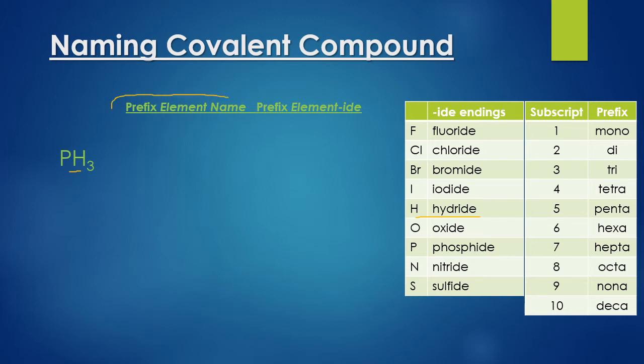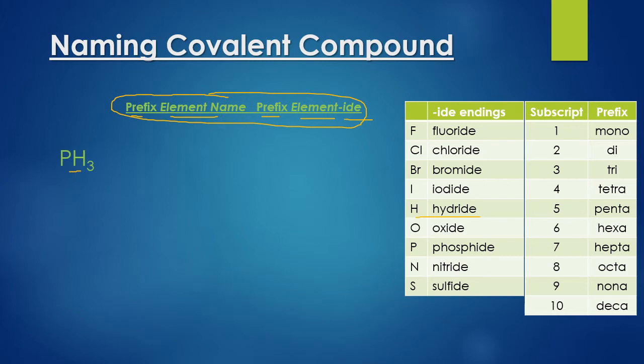So you can see at the top here, we have the basic outline of how we name these. We have a prefix, the element name for the first atom present, and then a prefix, and the second element has an IDE ending. So in this case, there's only one phosphorus, so you might start to say, oh, it's monophosphorus. But remember that rule. If there's only one of the first element present, you don't put the mono on it.